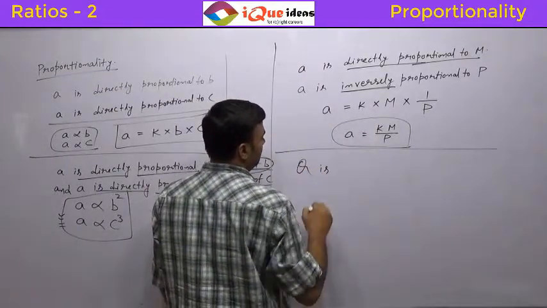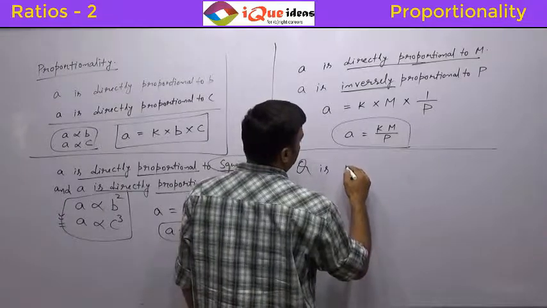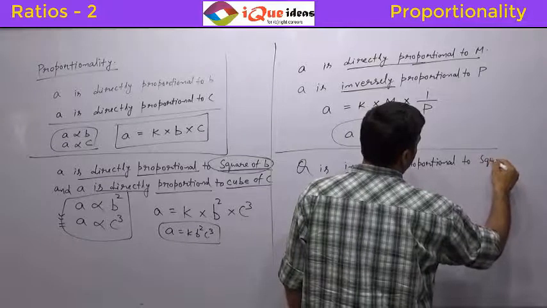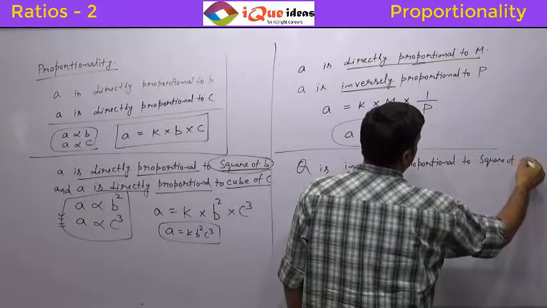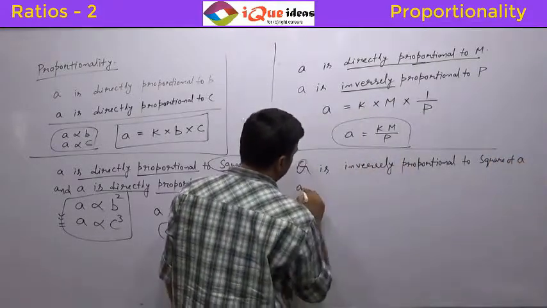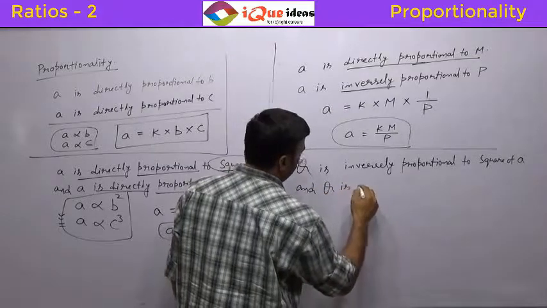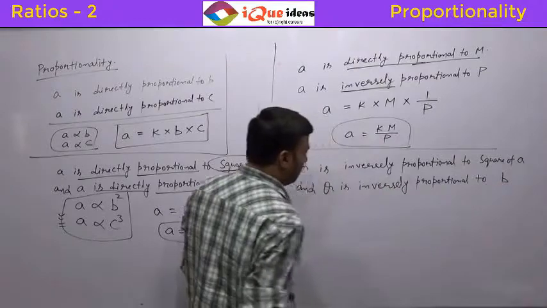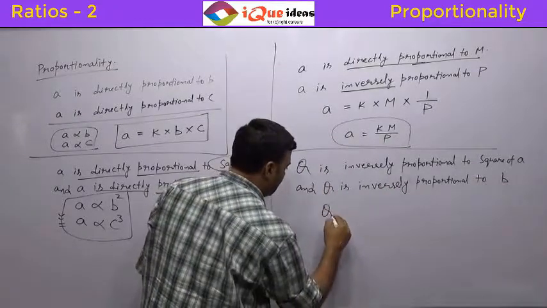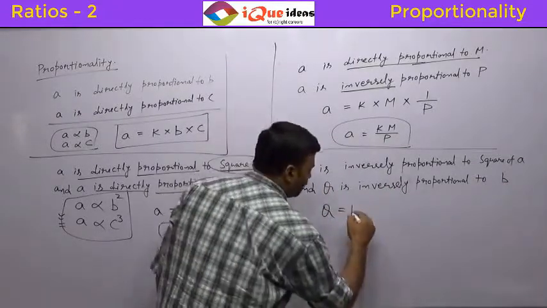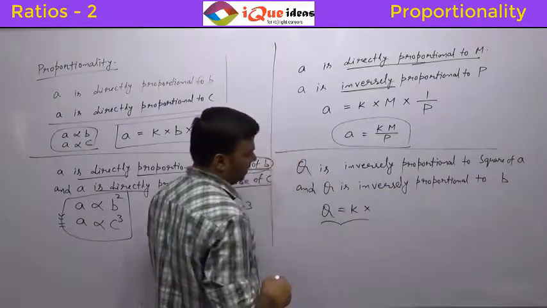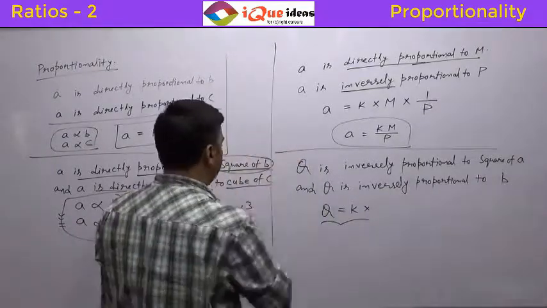If I have Q inversely proportional to square of A and Q is inversely proportional to B. Now what happens? We can directly say that this Q quantity is equal to a constant K into. So this part is always the same in every relation, as you can see, right?